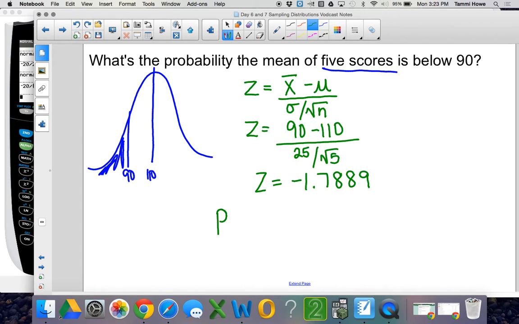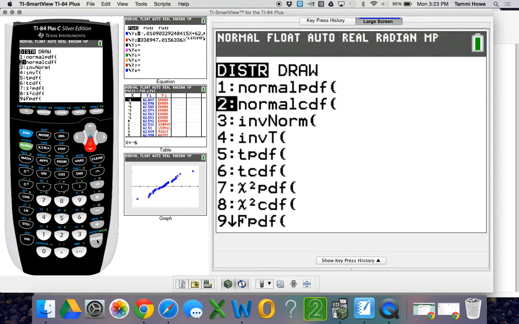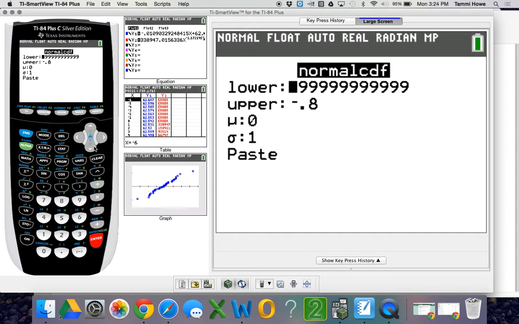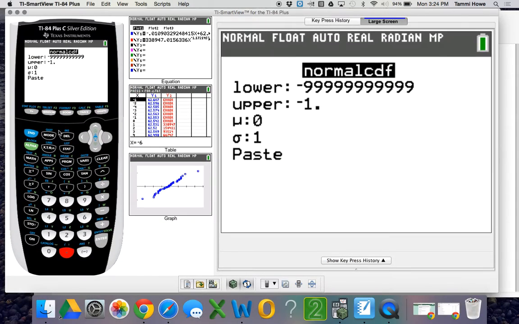So again, I'm going to find the probability, except this is going to be an x bar because I'm looking at the mean of 5 less than 90. I'm going to use my normal CDF, with negative 1.7889.